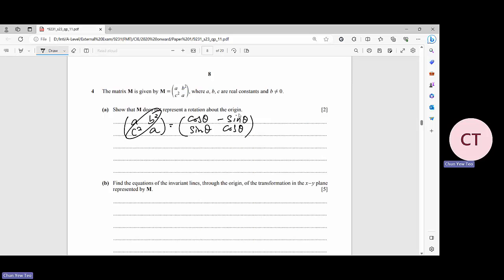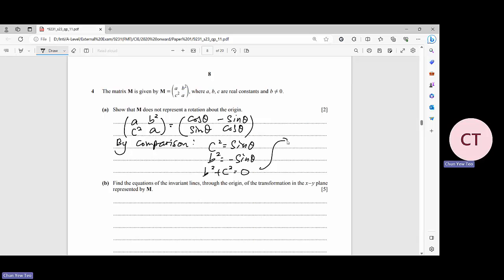You can compare this, okay? So by comparison, you have C squared equal to sine theta and B squared equal to negative sine theta, which means B squared plus C squared is equal to 0.